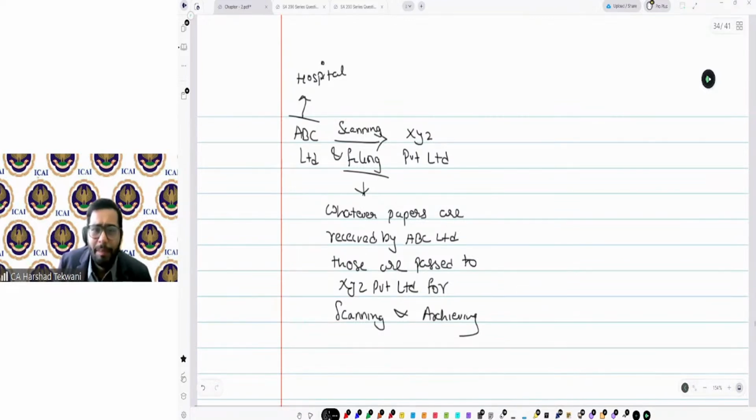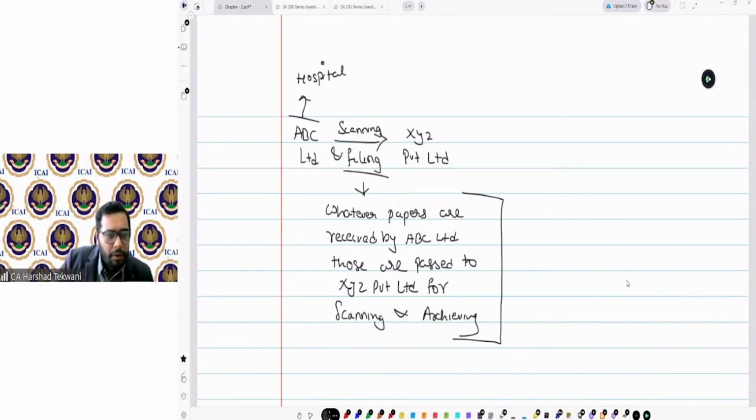Do you think this particular process or service is relevant from my audit point of view? Is this service required to be audited?